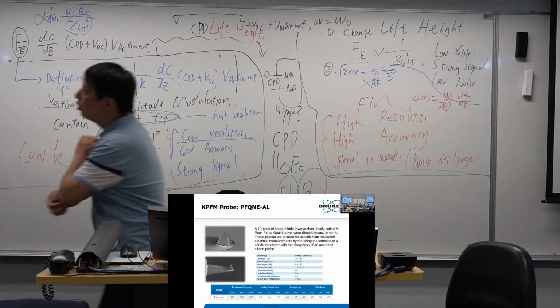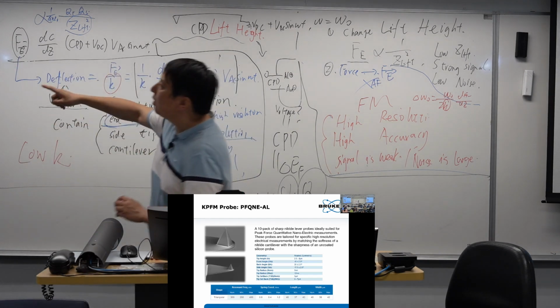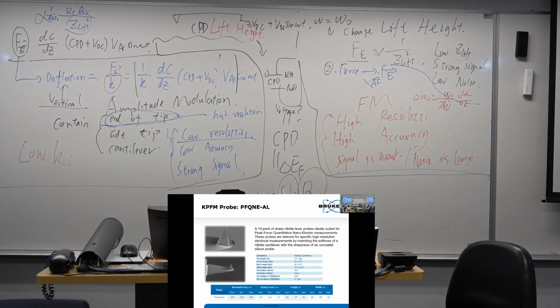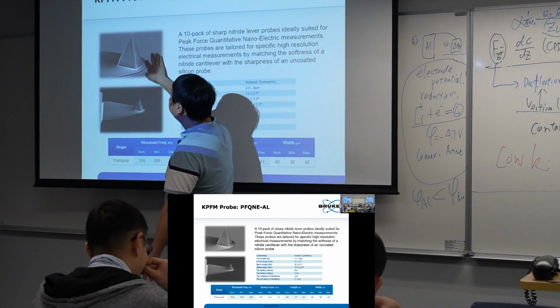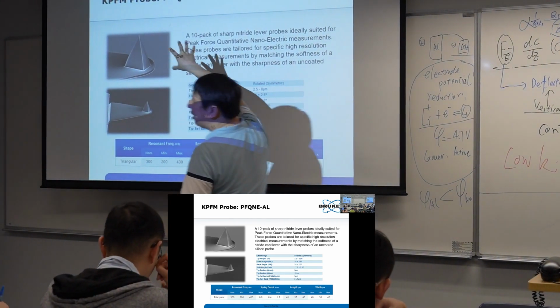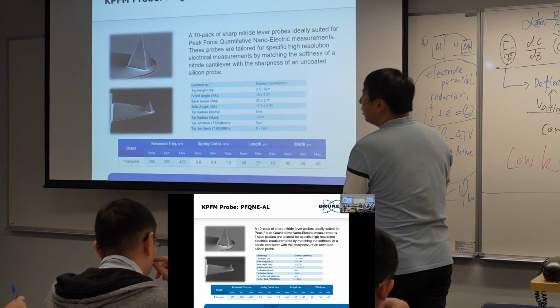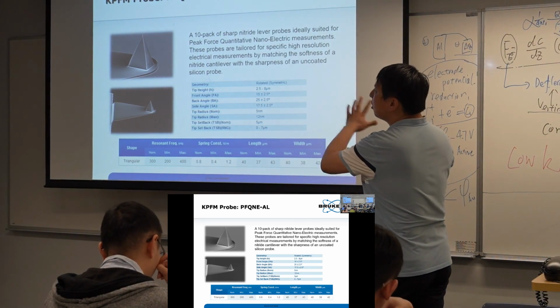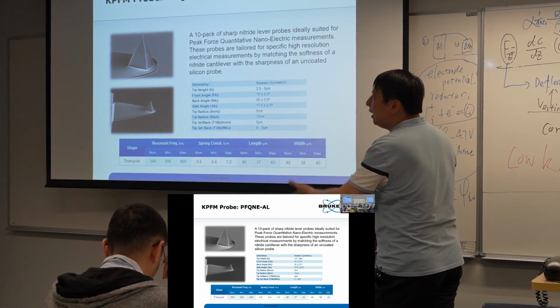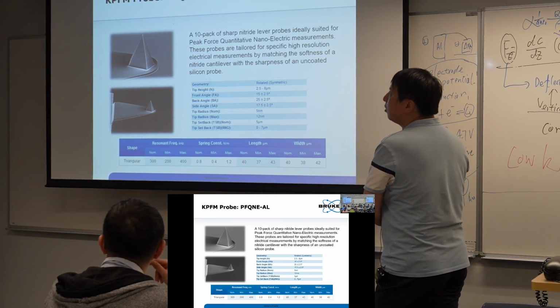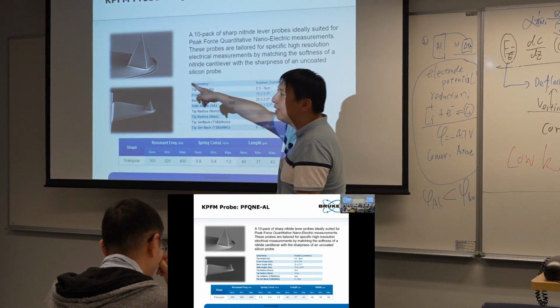Okay, that's this probe. The second thing about these probes is that the probe itself does not have a metal coating. It is not coated with any palladium or cobalt. It's just silicon.